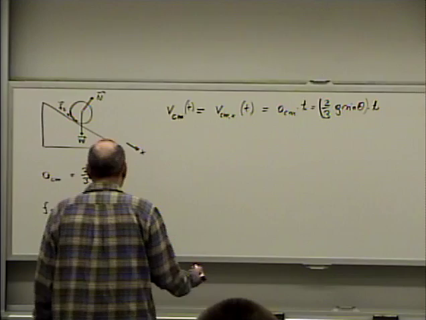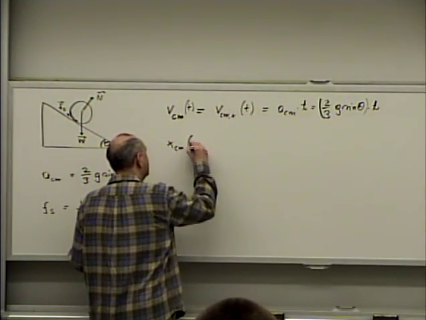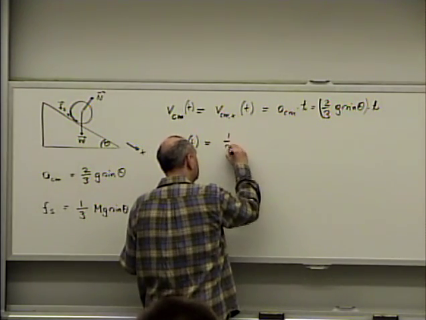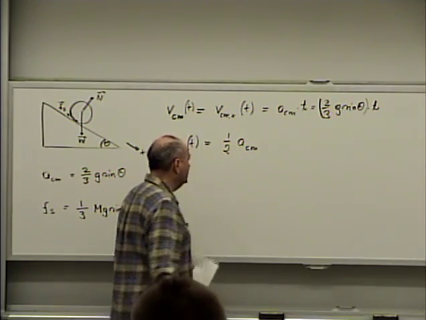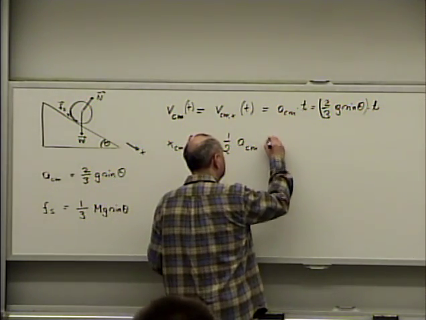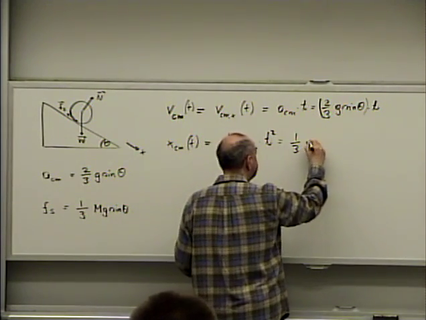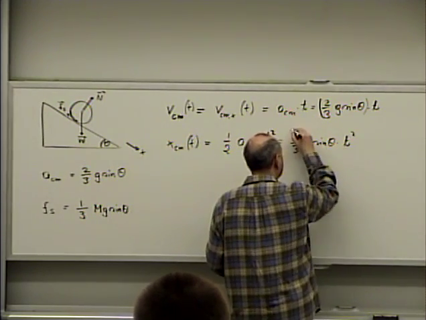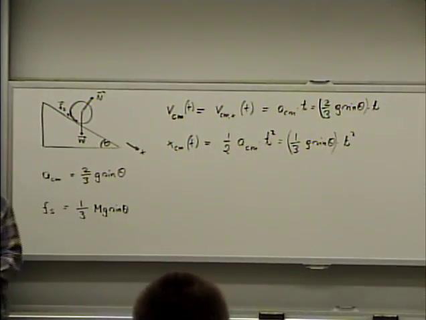So position, which will be really the x component of position of the center of mass at instant t, is going to be, after integration, 1/2 times the x component of acceleration of the center of mass times the square of time. Which means that it will be 1/3 g sine theta times t squared. Again, this is a constant.